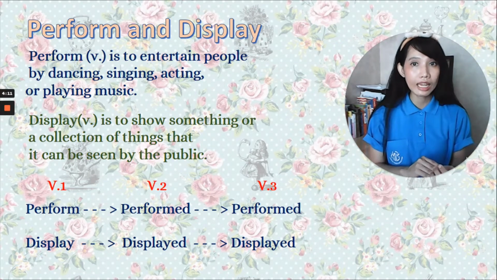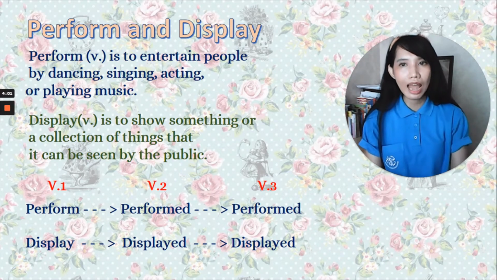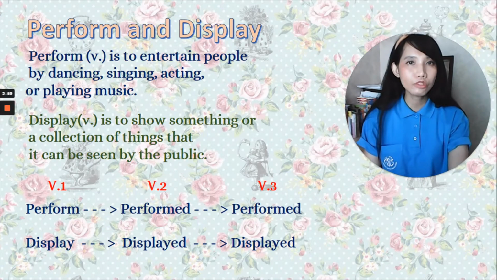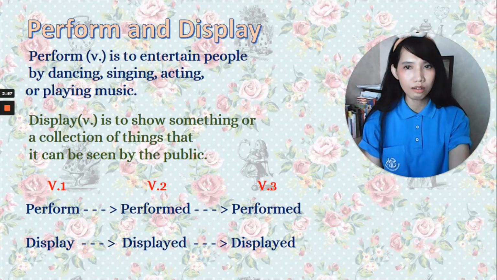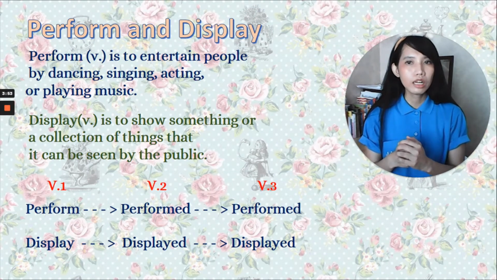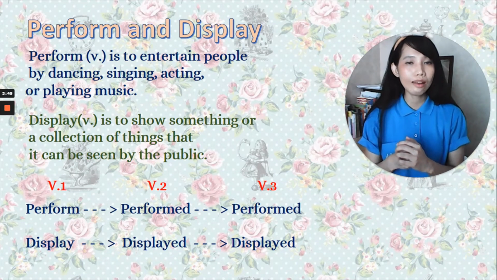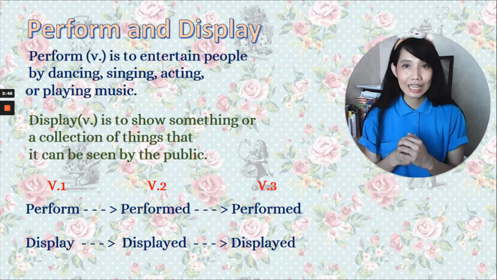Display is to show something or a collection of things so that it can be seen by the public. We also have verb 1, verb 2, and verb 3 as well. For both words, verb 1 is perform and display. For verb 2 and verb 3, they both add only ed. We got performed, displayed.